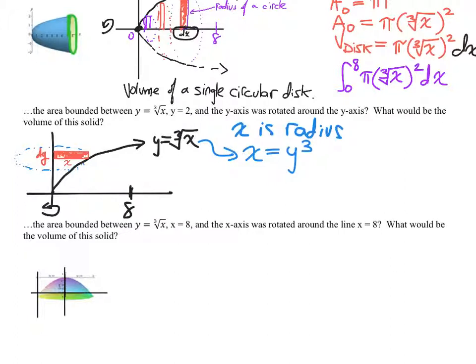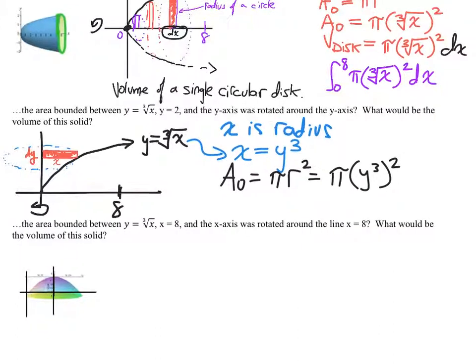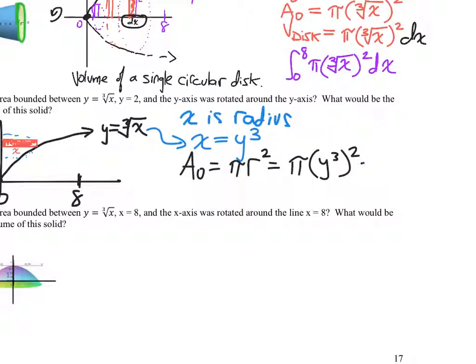Area of the circle, pi r squared, would be pi times my radius, which is y cubed, squared. Honestly, I can't resist the urge. Pi y to the 6th.